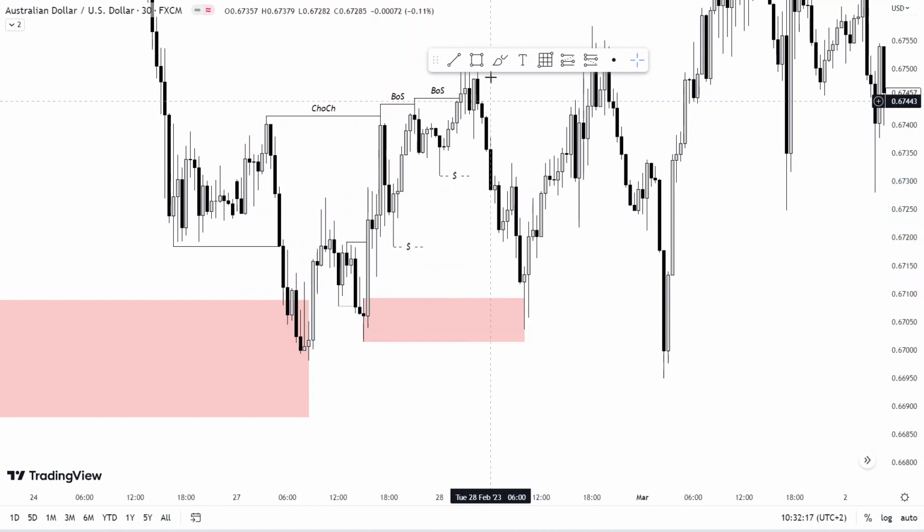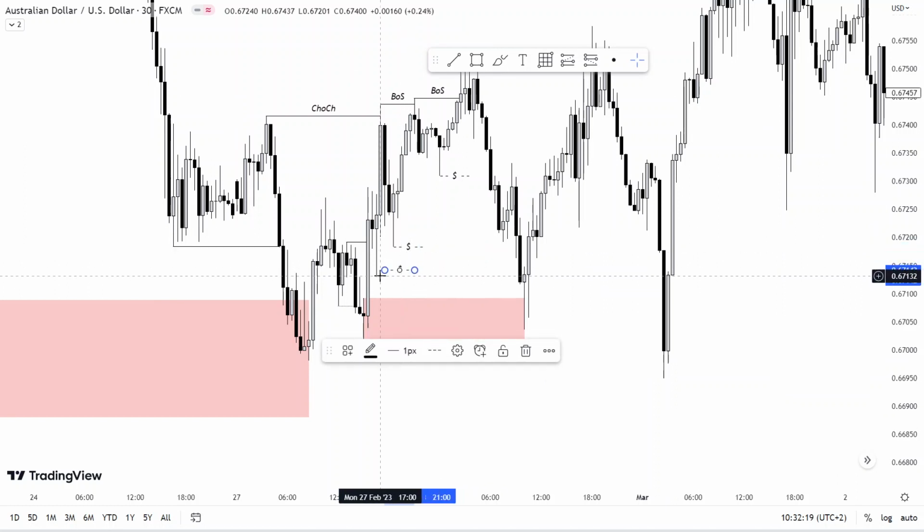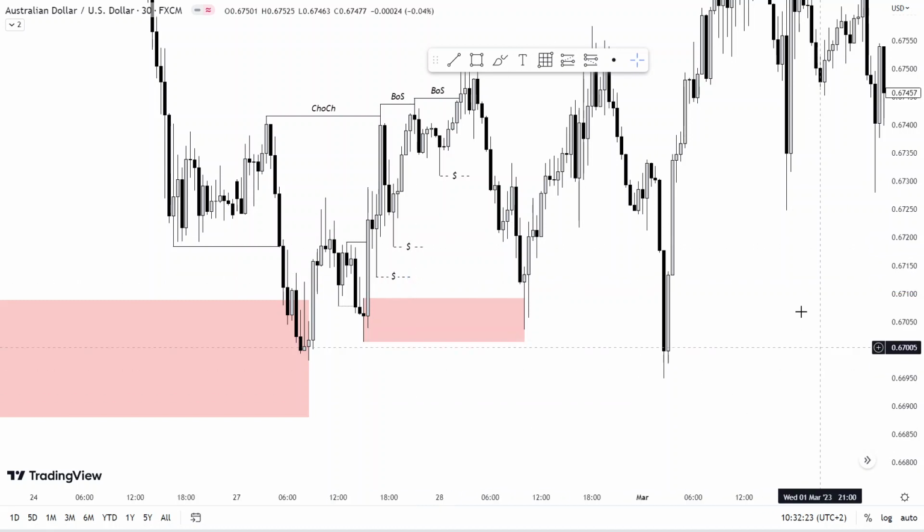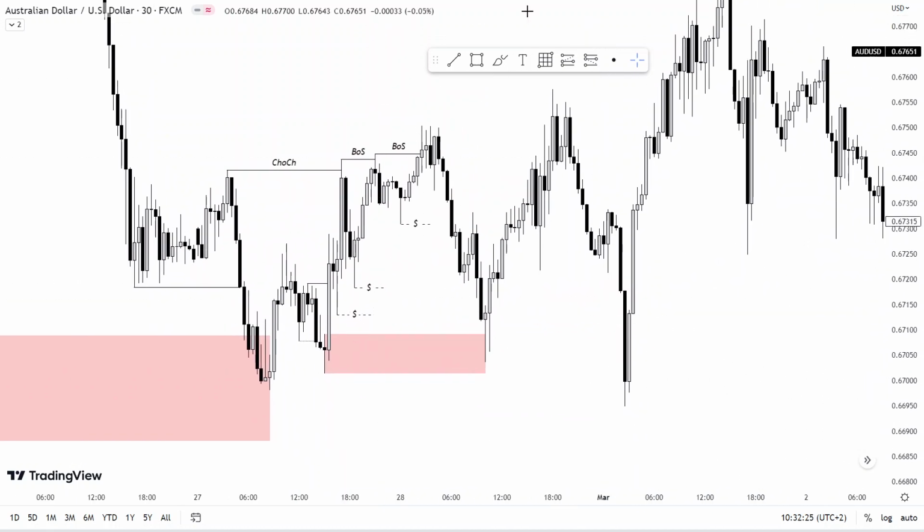These are areas of inducement. Even this one here as well. So your buy was right around here.